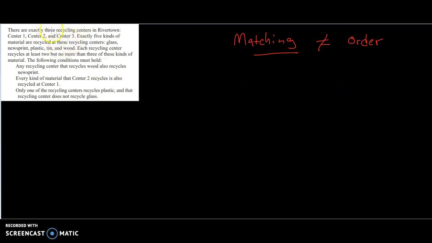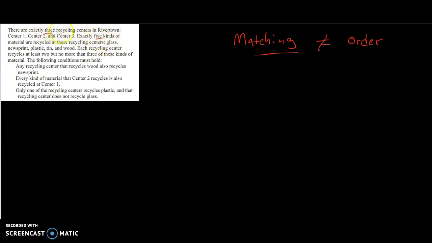And the way that we can tell this is, we can look at this here. There are exactly 3 recycling centers, 1, 2, and 3. So we have these 3 groups, and then we have 5 kinds of material are recycled. Let's pause there for a second. If I've got 3 things and 5 kinds of material, well, 3 and 5 are not the same, right?